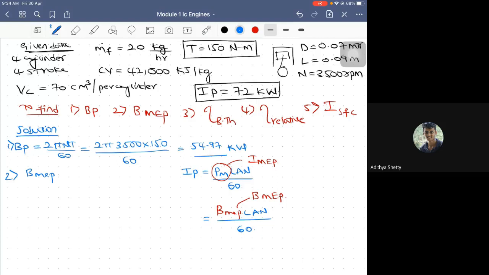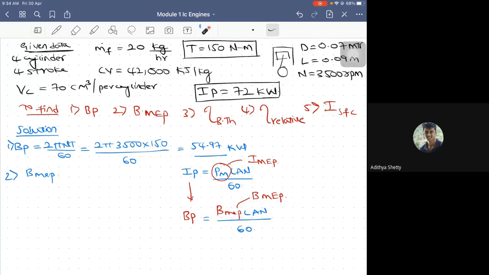What else? That 4-stroke into 4. Okay, we will take care of 4-stroke and 4-cylinder later, but I want this particular concept to be understood. So now, if I replace IP with the value of BP, then whatever the mean effective pressure you are using is known as the brake mean effective pressure.